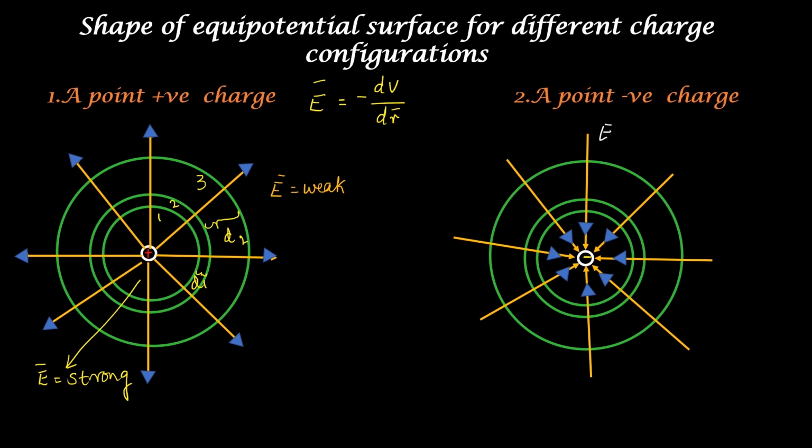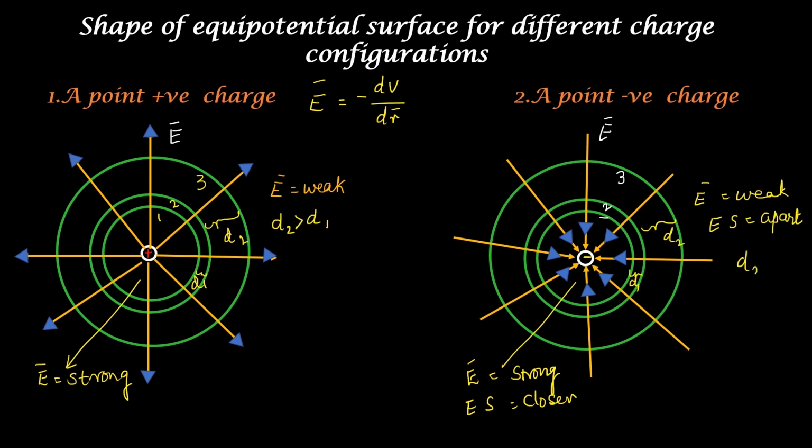So away from the charge, the electric field intensity is weak. So the equipotential surface is spaced apart. Nearer the charge, electric field is strong. So the equipotential surfaces are spaced closer. In both cases, you find D2 is greater than D1.